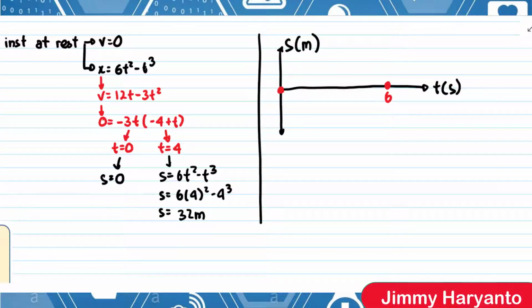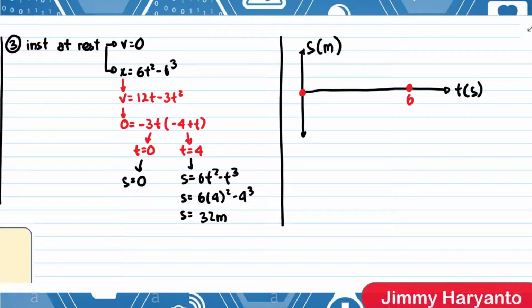Next is instantaneously at rest. Instantaneously at rest is at 0, 0 right here, and then 4 seconds, 32. Okay, so the curve maybe it will be like this.